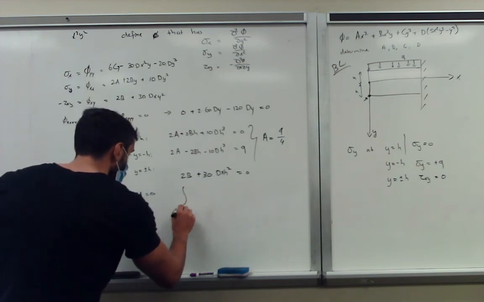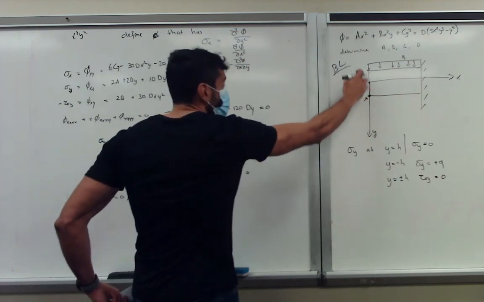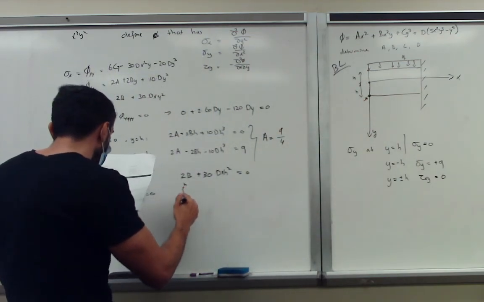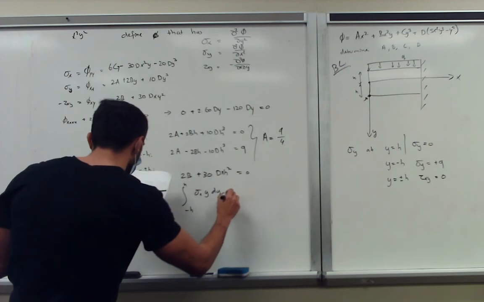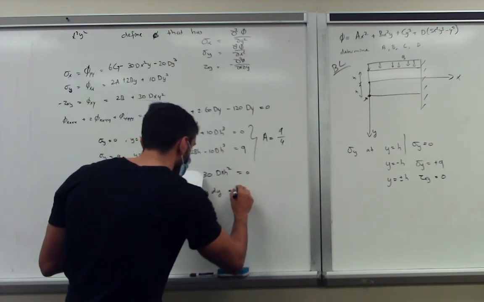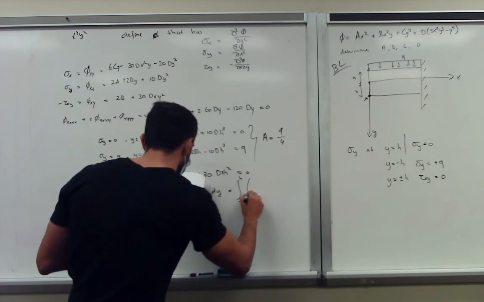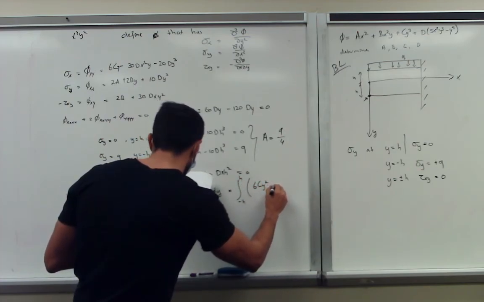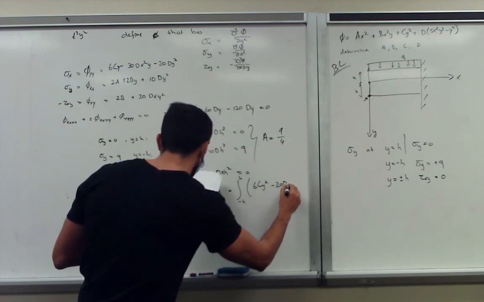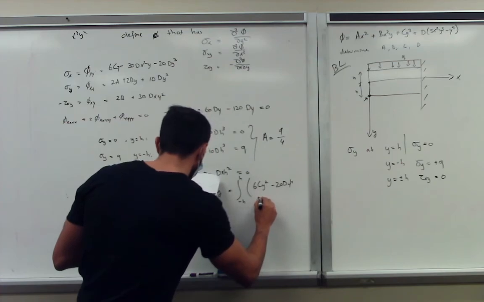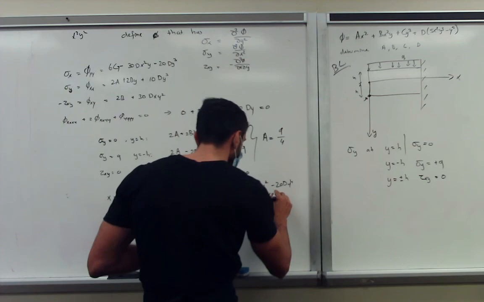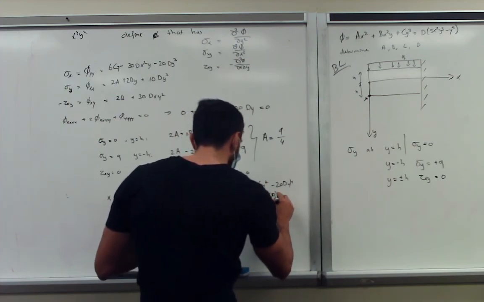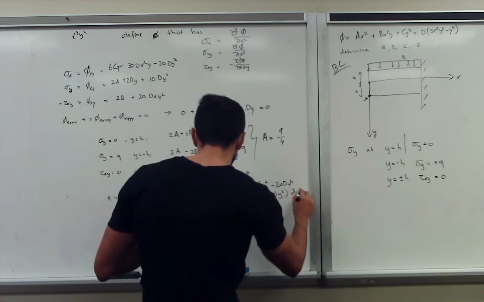That will be taking the integral from minus h to h along this surface with respect to sigma x y dy, and then what we get is the integral of minus h to h of 6c y squared minus 20 t to the power of 4 plus d, x is in this case 0, so that's d0 multiplied by d0 multiplied by y squared dy.